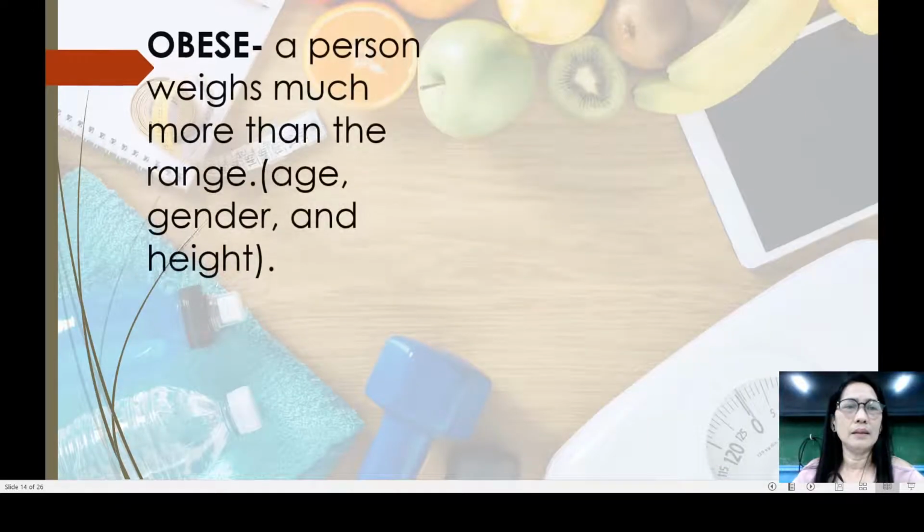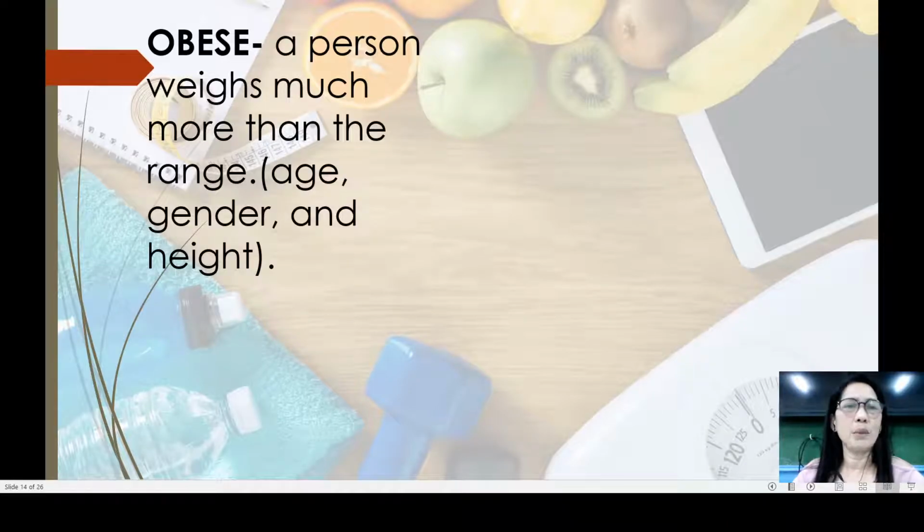And then, obese. Obese is a person who weighs much more than the healthy range according to his or her age, gender, and height. So, obese is much more than the range, much more than the healthy range.